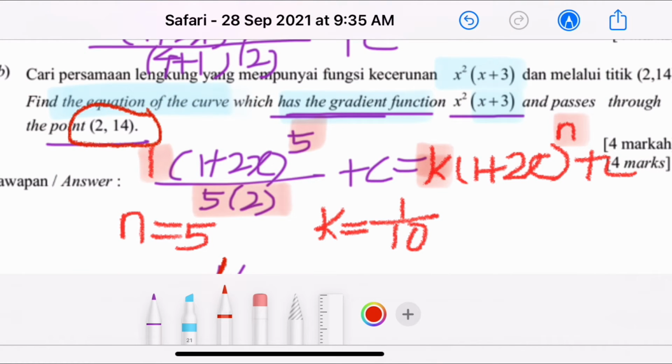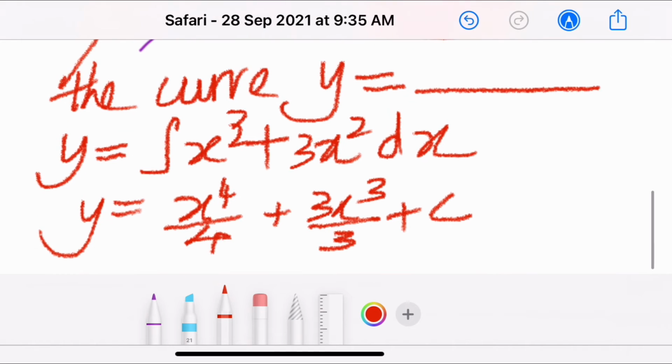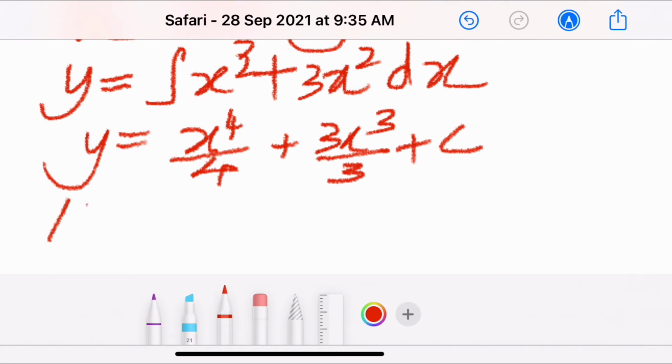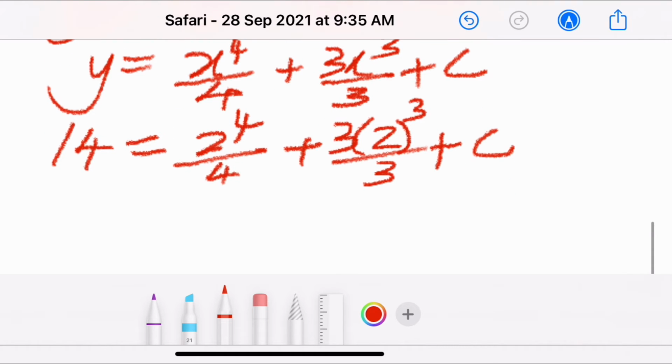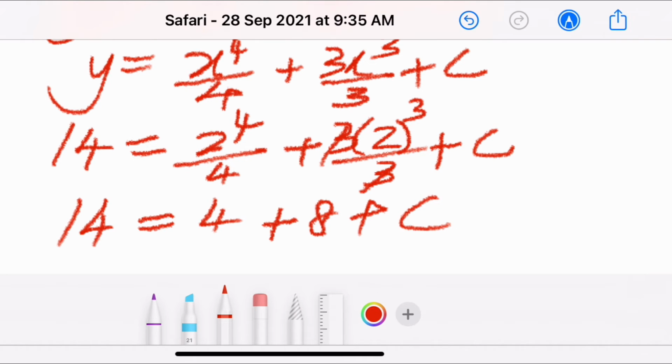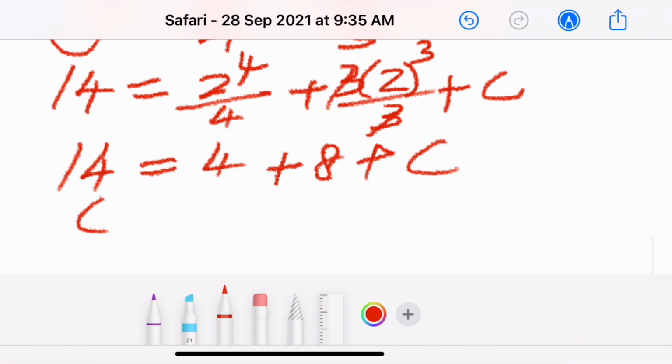Sure, they will give you the point (2, 14). So you just use the (2, 14), that means y is 14, 2 to the power of 4, substitute into the x for the 2, and you simplify to find the c. So finally, 14 equals 4 plus 8 plus c. So hence c is 2, right?